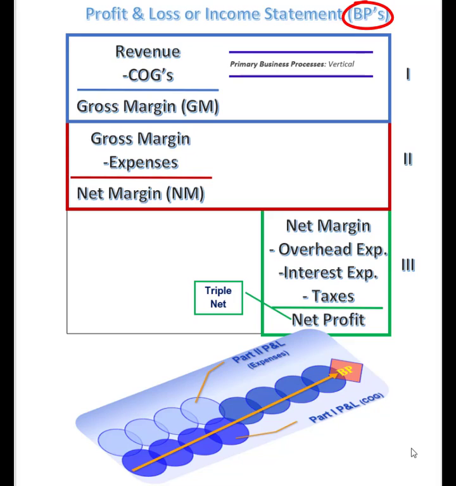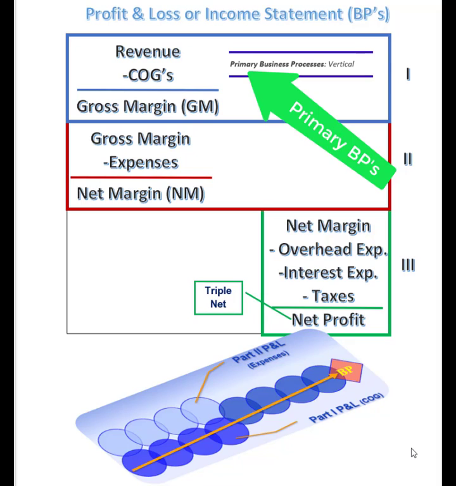And as we are aware, there are two sets of business processes: primary business processes, which are associated with the activities to create and deliver the product of the corporation or the service, and secondary business processes, which essentially are there to support those who are delivering and creating the products and services of the corporation. From a P&L perspective, as we can see, the primary business processes fall under Part 1, revenues and cost of goods. Basically, cost of goods is the production of these products.